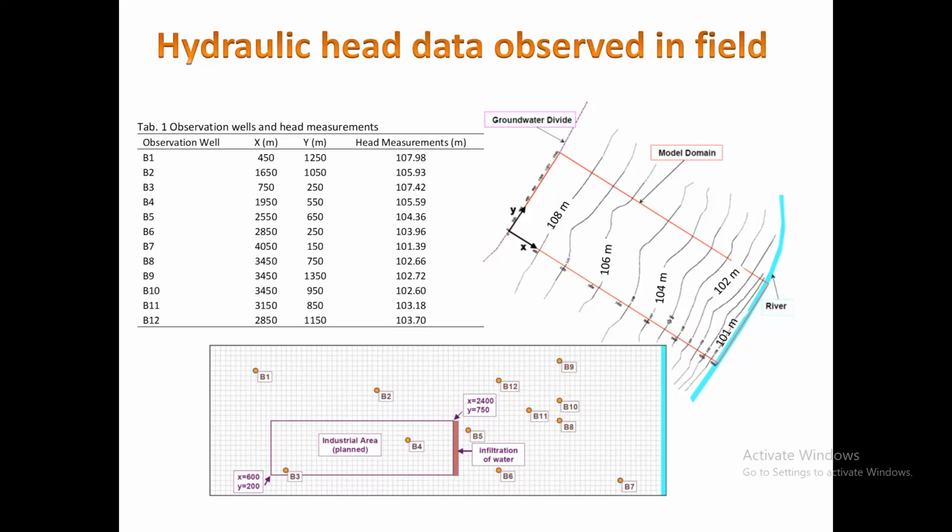Then I will compare it to the heads that I'm observing in the field. If they match, which will not happen, then you're done. But generally, these two will not match because your conceptualization is not perfect. So you keep updating your conceptualization until what your model is simulating is similar to what you are observing.